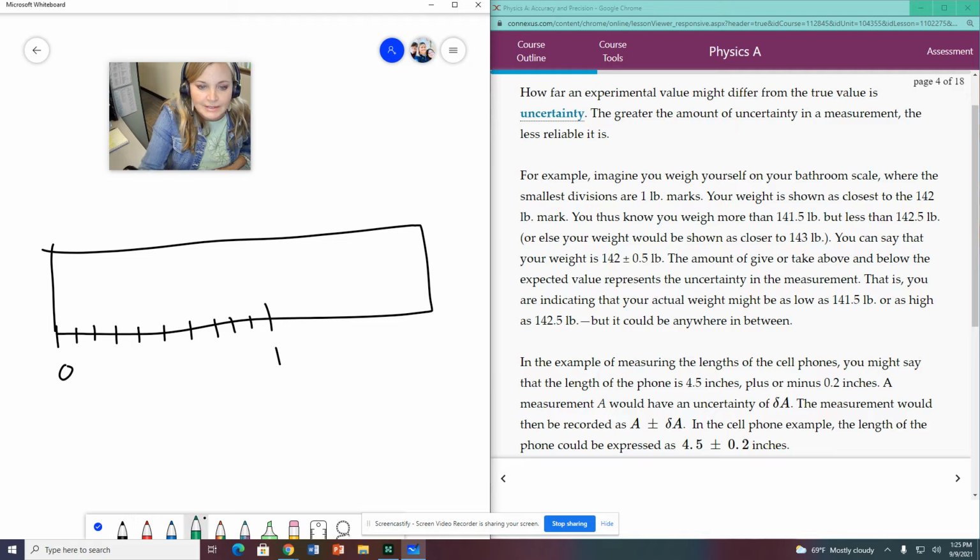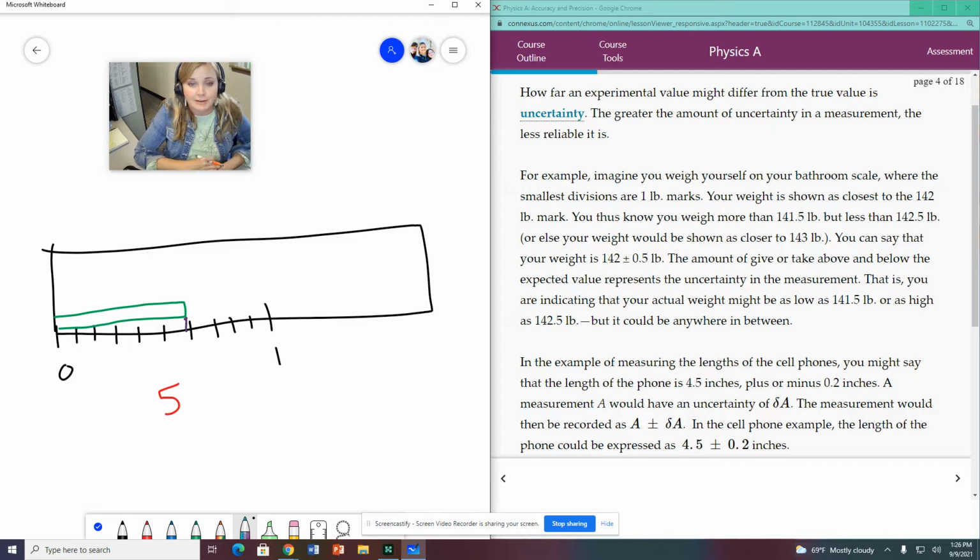If I'm measuring something next to this, and I want to measure the length of that green bar, I can measure how many millimeters this is. I can say it's 1, 2, 3, 4, 5 whole millimeters. And then this part here, I'm just trying to draw a line, is a guess.